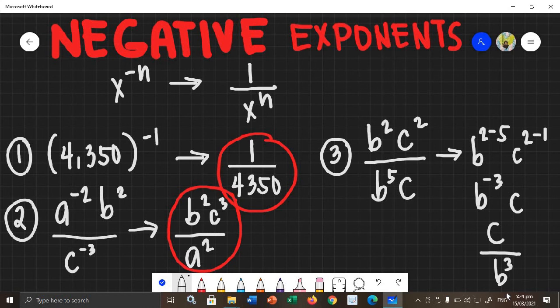And sulat nyo yung positive na exponent niya right after nyo siya ni-reciprocal or dinala doon sa denominator. You already reciprocal, so therefore, write the exponent in positive sign. So the answer here is C over B raised to the third power. So that's it. That is how you apply the rule for negative exponent. And that is all about laws of exponents.